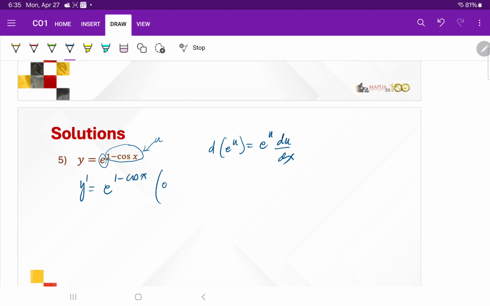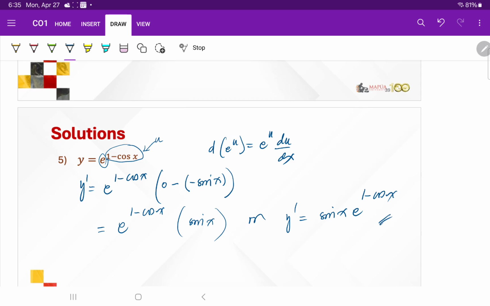So your derivative is 0 minus the derivative of cosine, which is what? Negative sine x times 1. So this is e to the 1 minus cosine x times sine of x. Or this could be sine of x e to the 1 minus cosine x. Any will do.